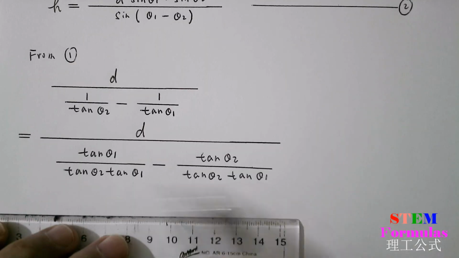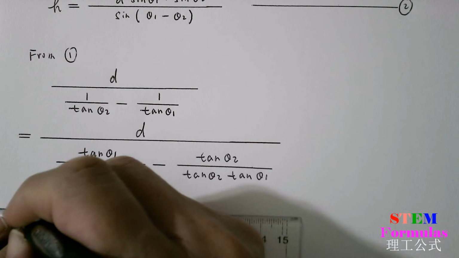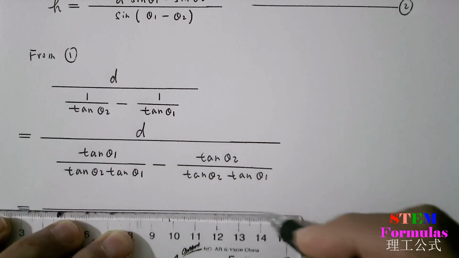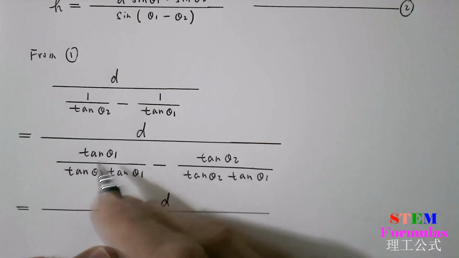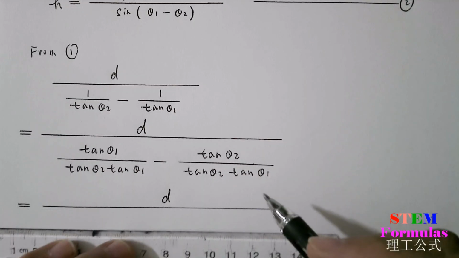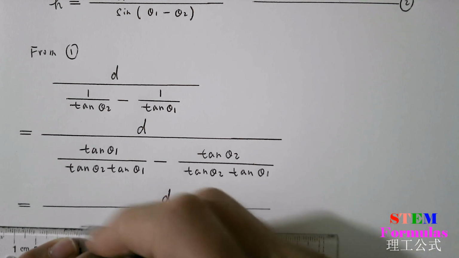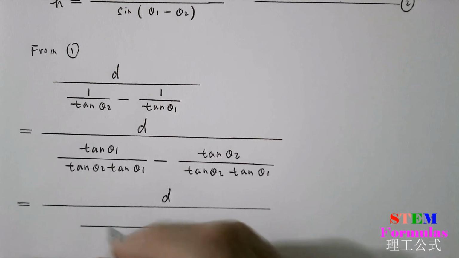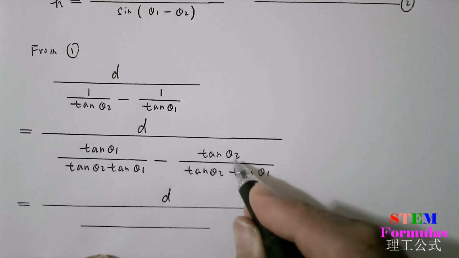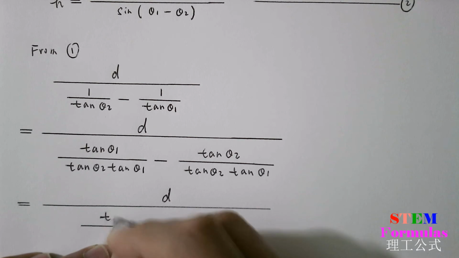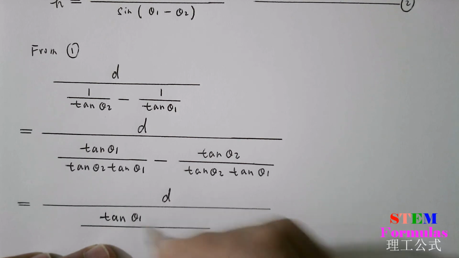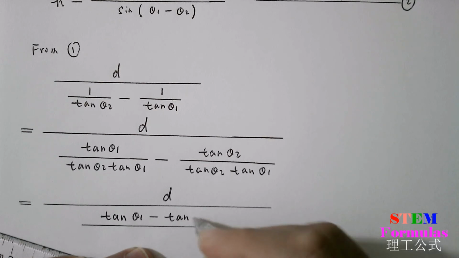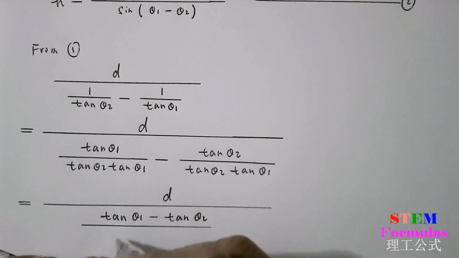So now these two terms have the same denominator. So this d times (tangent theta 1 minus tangent theta 2).